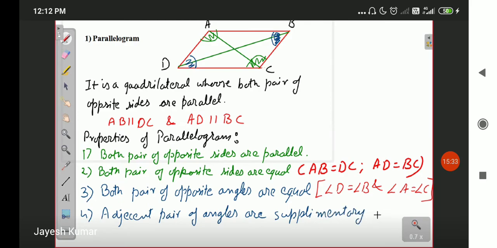What I mean by adjacent pair of angles is that the sum of angle A and angle B is 180 degrees. In the same manner, the sum of angle B and angle C is also 180 degrees. And similarly, C and D will be supplementary, D and A will be supplementary.